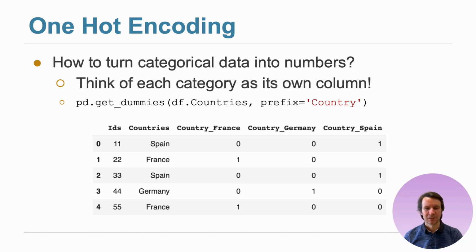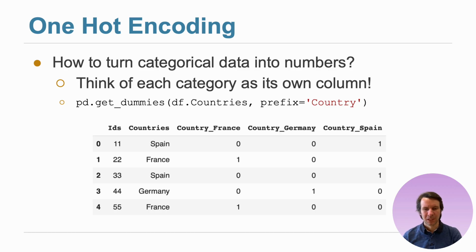So here is country France, country Germany, country Spain, and you can see that each row has exactly one 1 that corresponds to the country for each row.